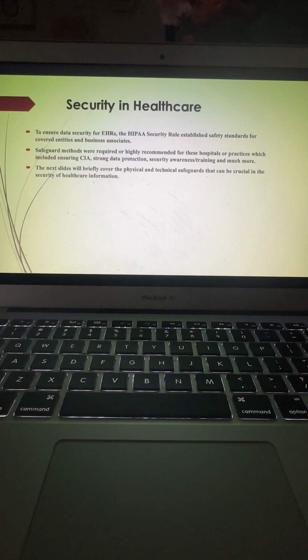The next slides will briefly cover the physical and technical safeguards that can be crucial in the security of healthcare information. These are safeguards recommended by NIST that comply with the HIPAA regulations.